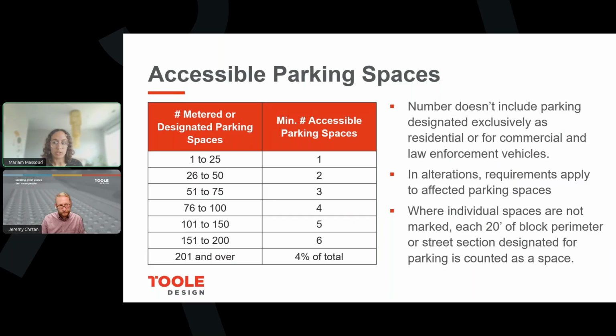In some retrofit situations, your accessible spaces might just be at the corner, and then they're served by the curb ramp that serves the crosswalk. But in other, maybe new construction cases, if you have accessible parking mid-block, then you would need a curb ramp that serves that accessible parking space and is not attached to a crosswalk.